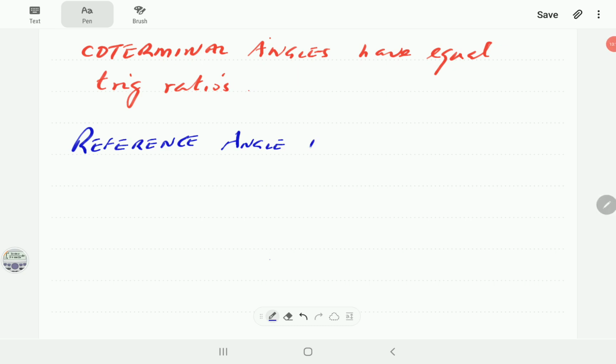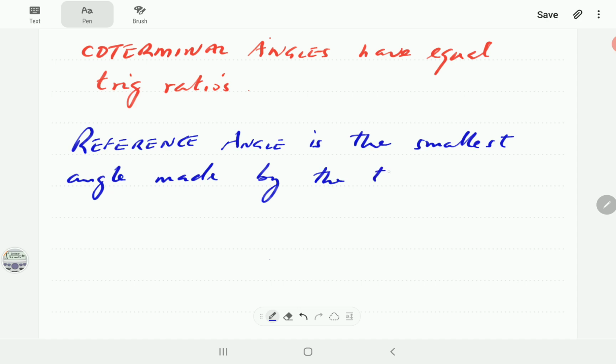The reference angle is the smallest angle made by the terminal side with the x-axis. So that means the reference angle is always going to be an acute angle.